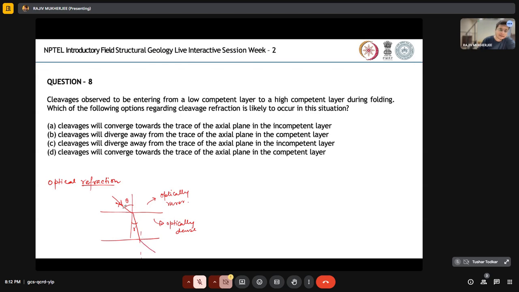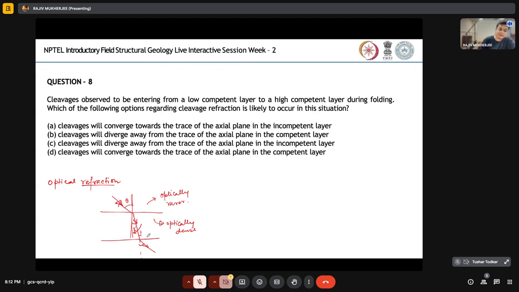So if the light ray enters from an optically rarer medium to an optically denser medium, then the light beam should converge towards the perpendicular, and then again exiting from the denser medium to another rarer medium, it would diverge away from the perpendicular line, right?